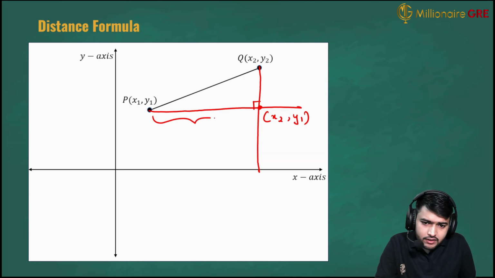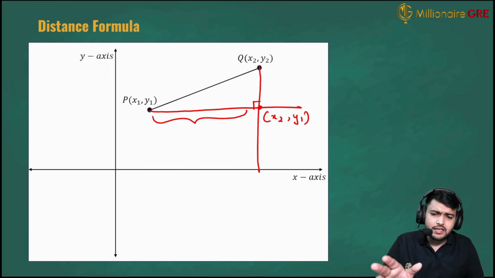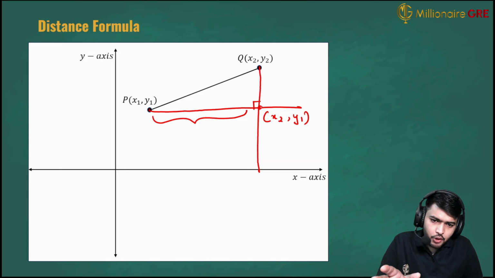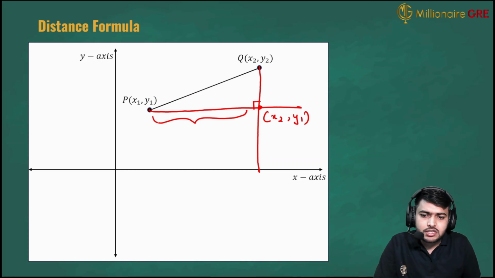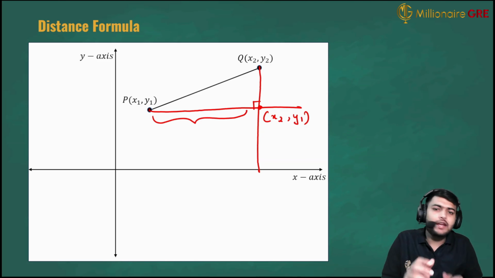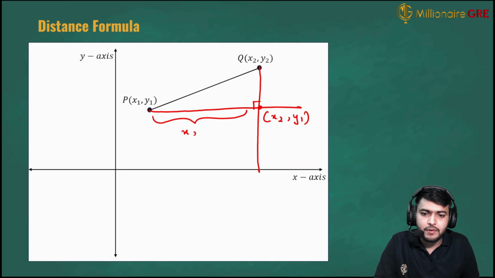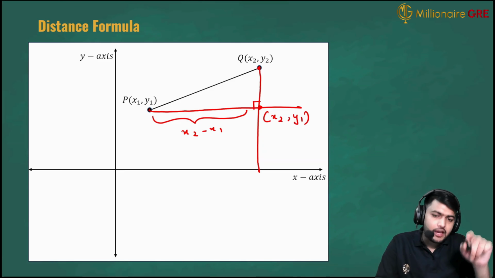Now if we have to find this distance, we realize both P and this point have the same y coordinates. So this distance will simply be the difference in x coordinates. So this distance is simply x2 minus x1. And Q and this point have the same x coordinates.